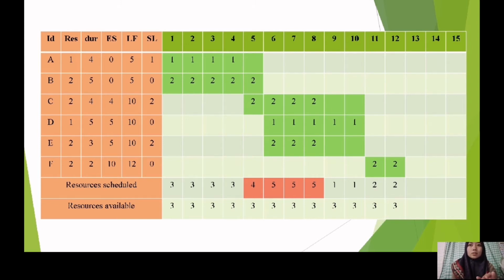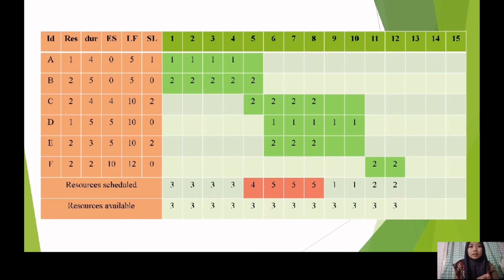For example, for activity C, in days 9 and 10, the color of the cell is darker green but there is no number in it, so this is the slack of activity C. After we fill the table for all of the activities, we sum the resources scheduled for each day.